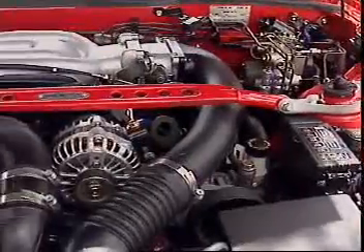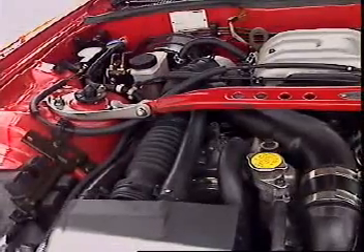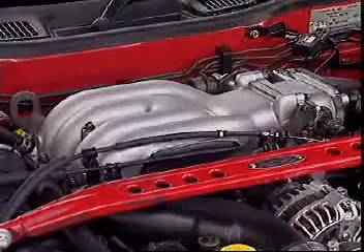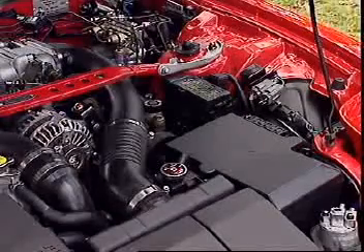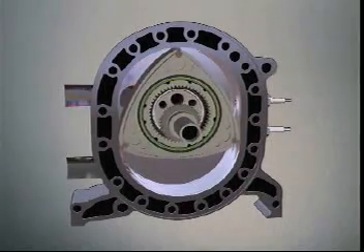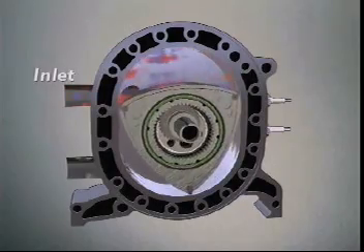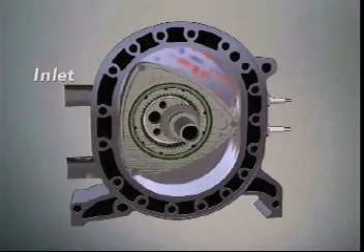Let's look at the basic principles of the rotary engine. The rotary engine does look different, but it's still an internal combustion engine. So let's find the 5 key events common to all internal combustion engines. Intake occurs when air-fuel mixture enters the working chamber at the inlet port. The turning rotor then carries it around to the spark plugs.